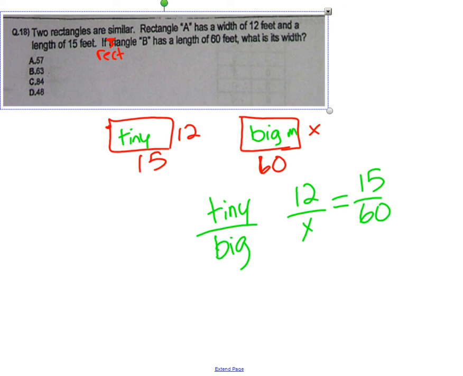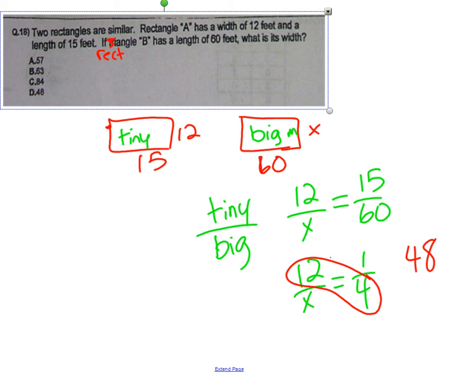We could cross multiply it straight away. Could we also simplify 15 over 60? What is that? It's 1/4. So we can say 12 over x is the same as 1 over 4. And that makes our cross multiplying a lot easier. So now 4 times 12 is 48, and we divide that by 1. So 48 divided by 1 is 48.